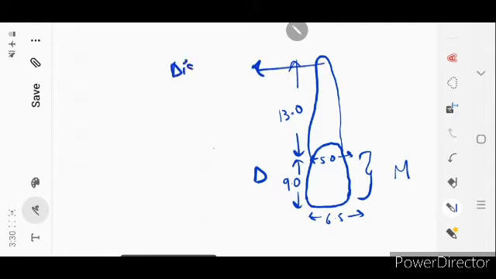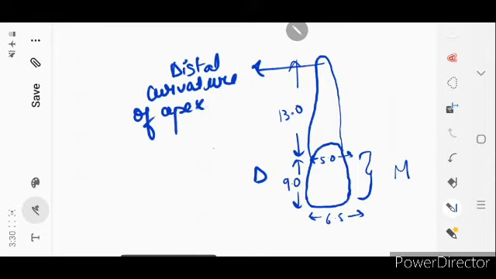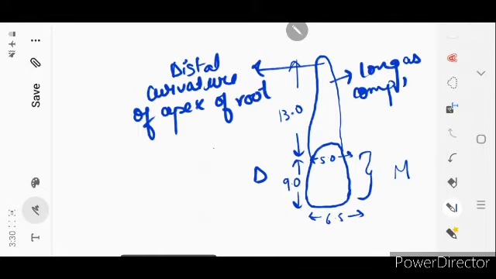It is distal curvature. The distal curvature of apex of root, and the root is long as compared to central incisors, and it is more convex at the labial surface as compared to the central incisor.